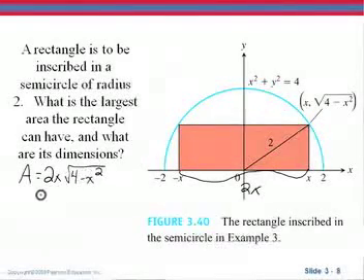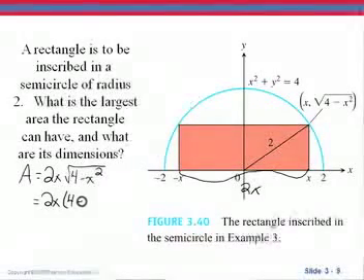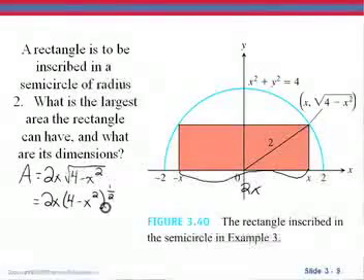Now, since we know we're going to be taking a derivative, it would be easier to write this as 4 minus x squared to the 1/2, and that way we can apply the power rule. Now we're going to have to apply the power rule and also the chain rule, since we don't have just x to the 1/2, we have 4 minus x squared to the 1/2.